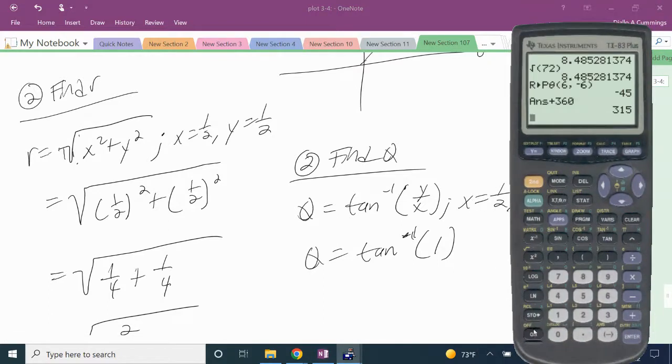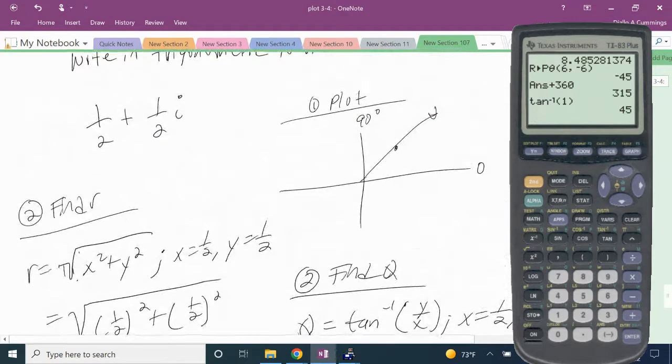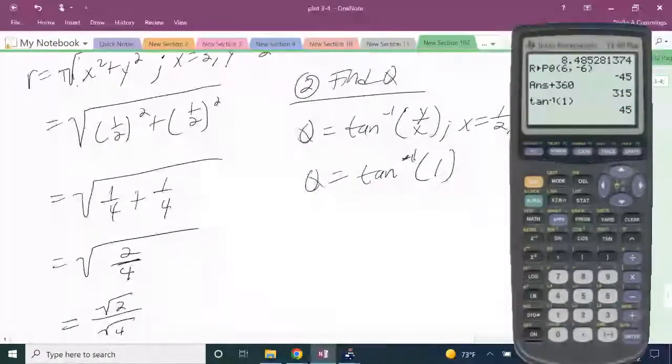If we put this into the calculator, we have the arctangent of 1, which is 45 degrees, okay, which coincides with the sketch. So theta is equal to 45 degrees.